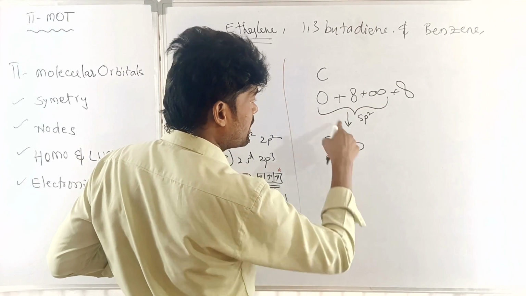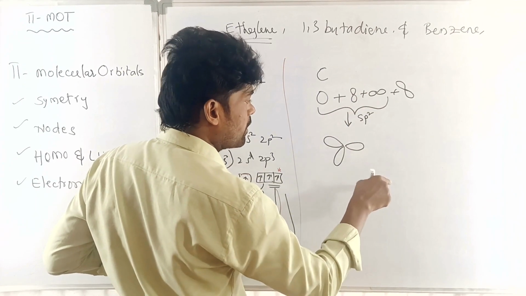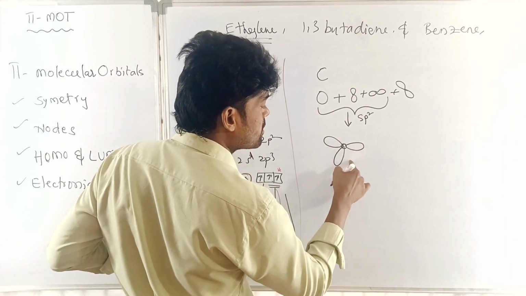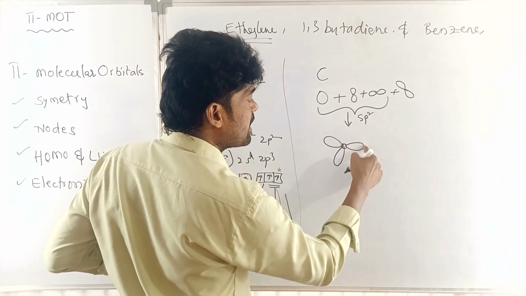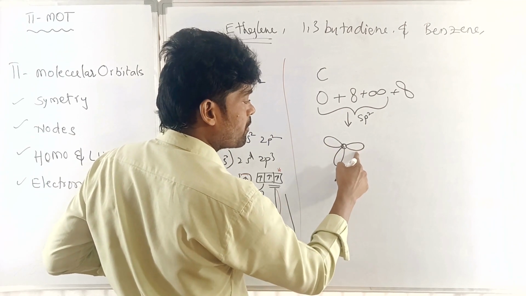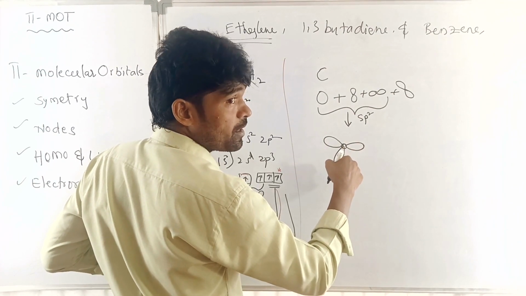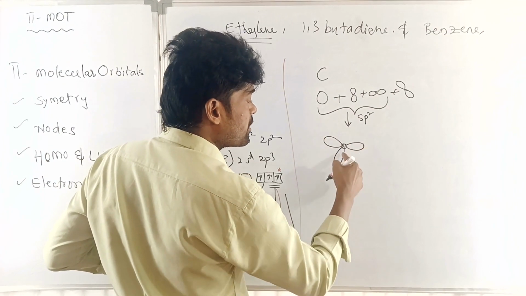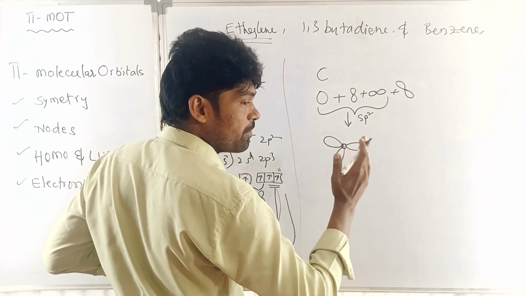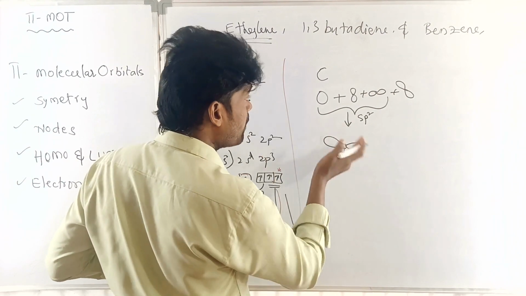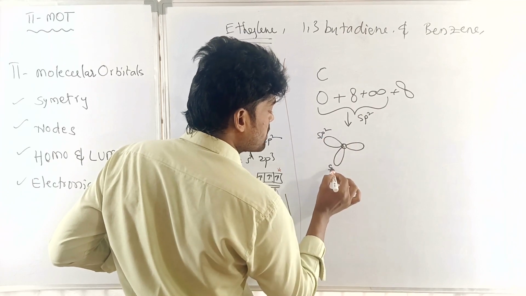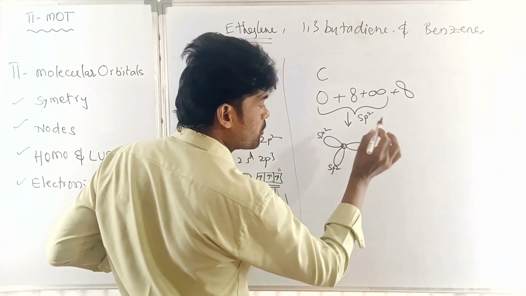But after hybridization, these three orbitals intermix with each other and produce three new orbitals. These three orbitals have the same energy, same shape, same size. Understand what I mean? So after hybridization, three orbitals will get the same energy, same shape and structure. But before, not like that. So this is an sp2 hybridized orbital, this is also sp2 hybridized, and this one also an sp2 hybridized orbital.